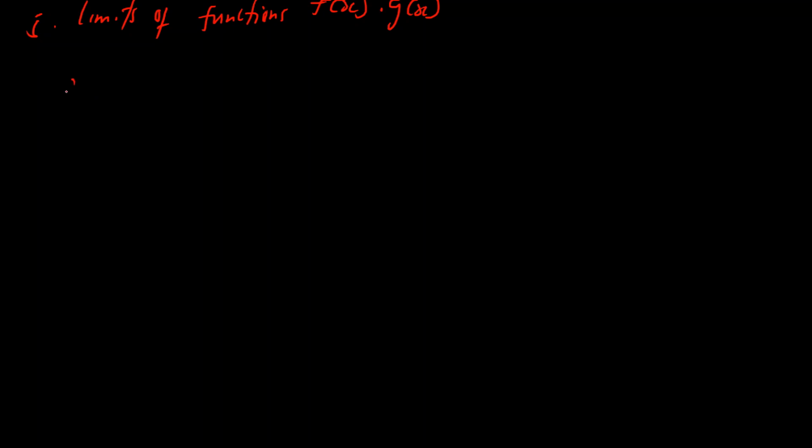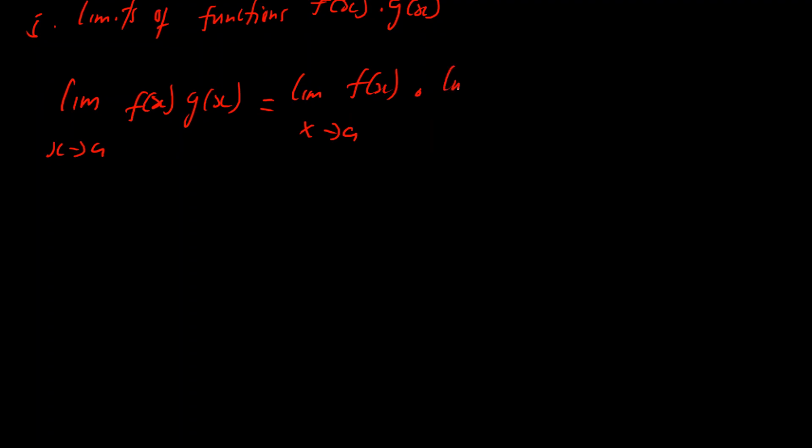Now, if we have the limit of f of x times g of x as x approaches a, then this is the same as the limit of f of x as x approaches a times the limit of g of x as x approaches a.